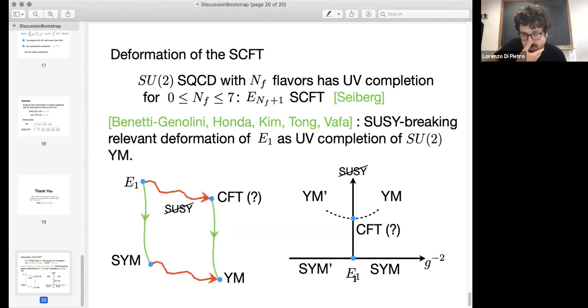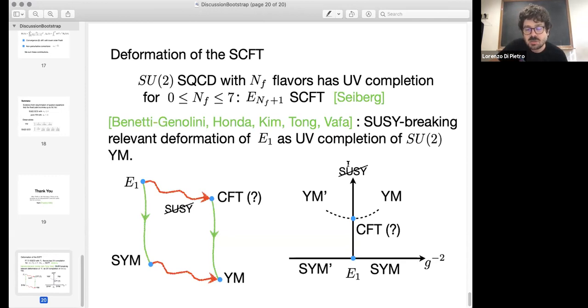So it's the case without flavors. The x-axis is just the gauge coupling, and if you move along this line, you have super Yang-Mills on both sides, okay?